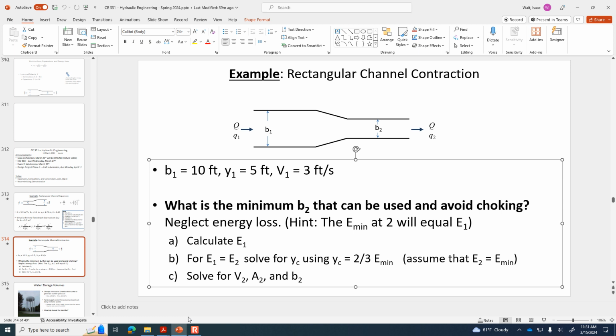So the remaining specific energy: 5.140 feet is the total specific energy downstream, and 3.427 feet is the depth. So the difference between the two is allocated to the velocity head, v squared divided by 2 times g, 32.2. So the only unknown there is the velocity. That yields a velocity of 10.50 feet per second.